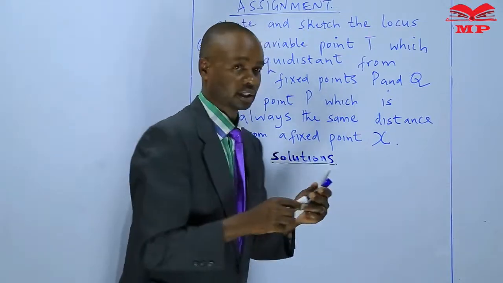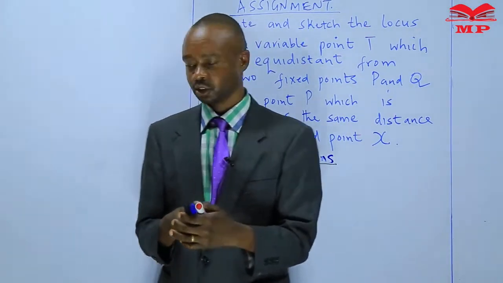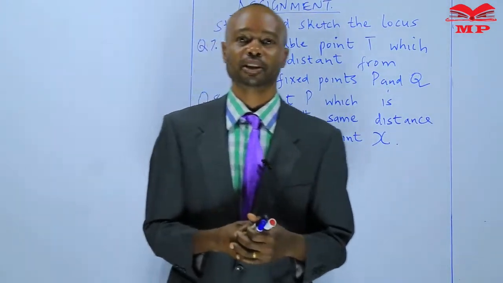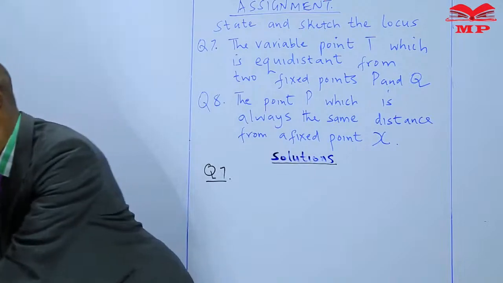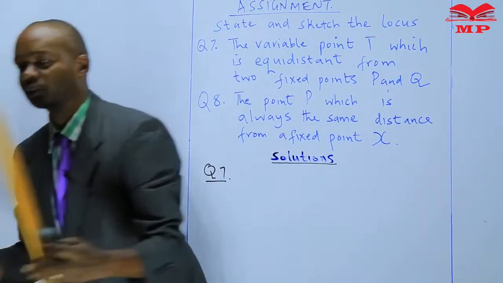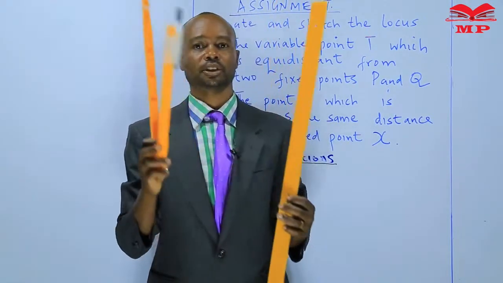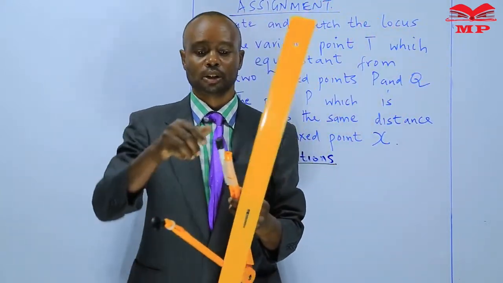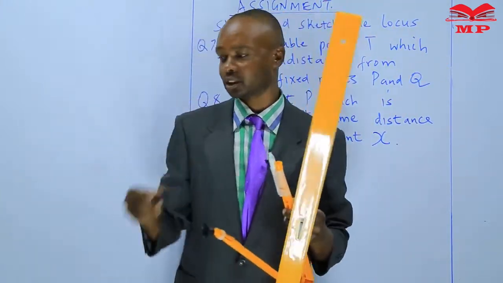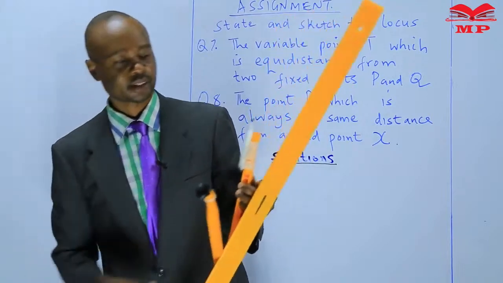For question 7, I need geometrical instruments, that is a pair of compasses and a ruler. I need a pair of compasses. For those who don't know a pair of compasses, it is this one, and that is the ruler. So I'll need these to explain that.